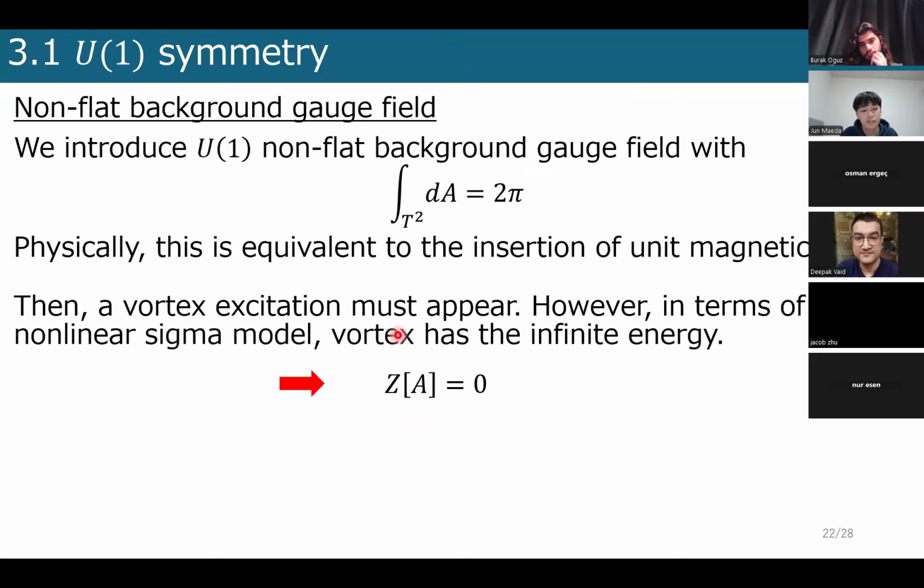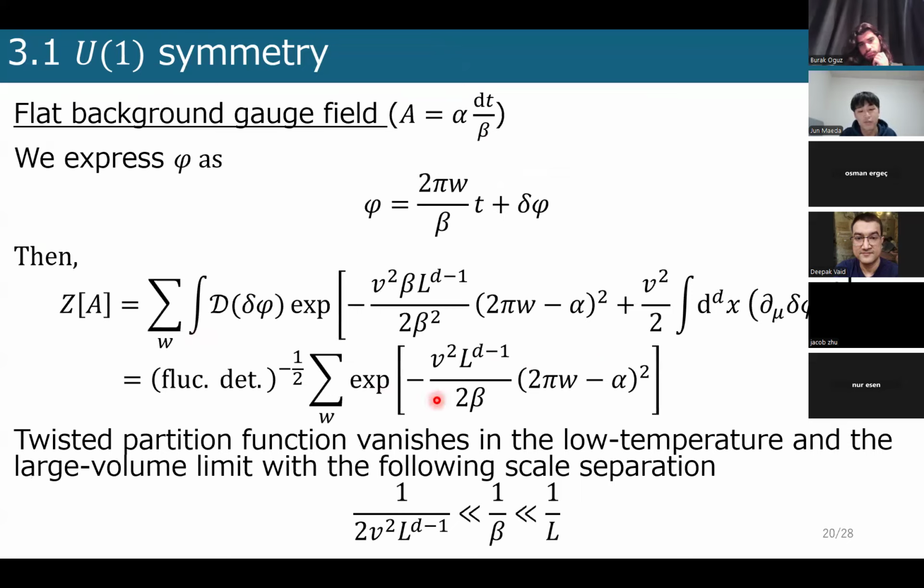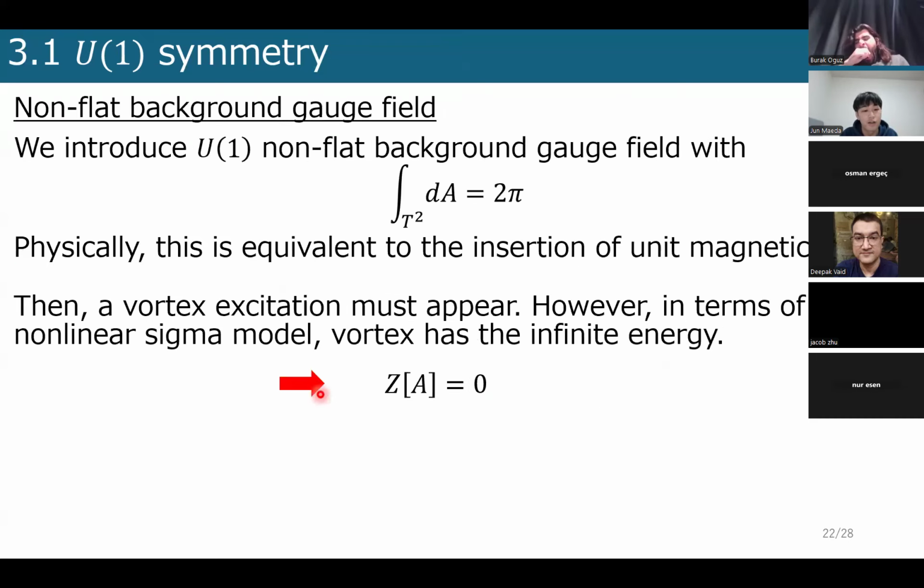So there is a different point from the case of flat gauge field. For flat gauge field, the partition function vanishes in the large volume limit, but at finite volume, this partition function has a finite non-zero value. But for non-flat gauge field, the partition function exactly vanishes at finite volume.